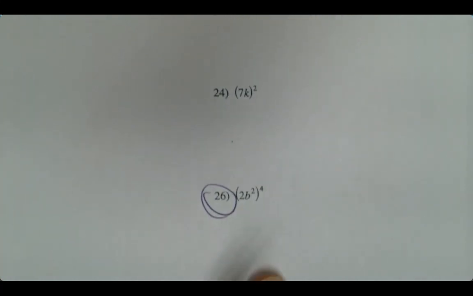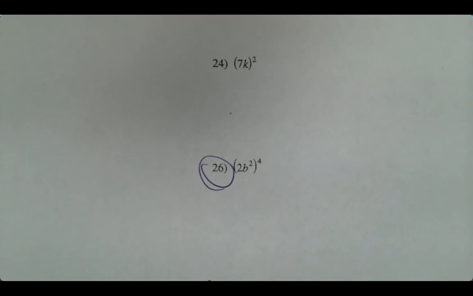So let's look at number 26. 2b squared to the 4th power. Go ahead and do this one on your own, and then we're going to check it together.